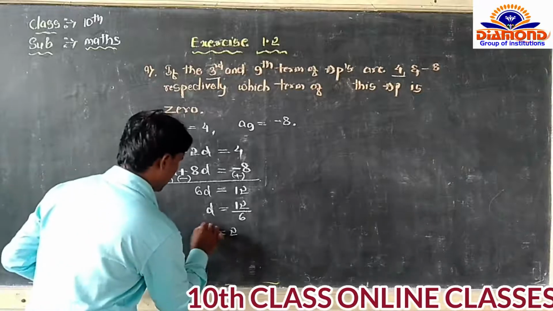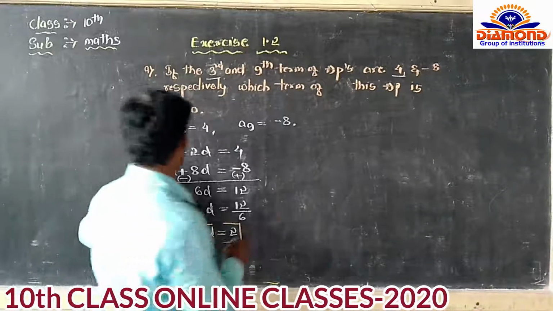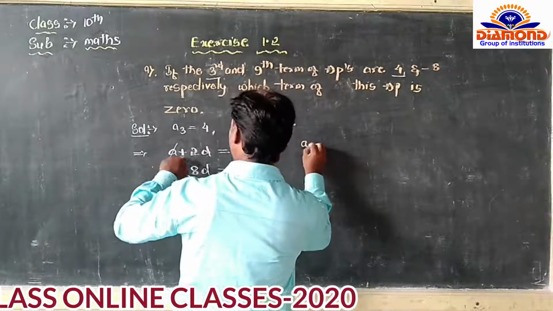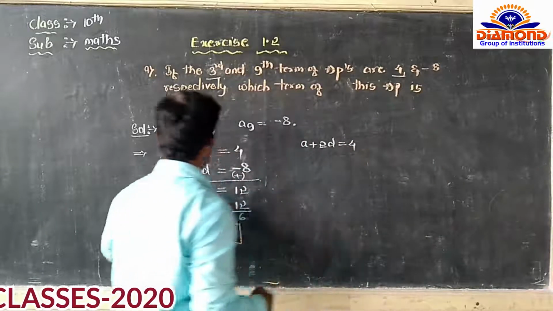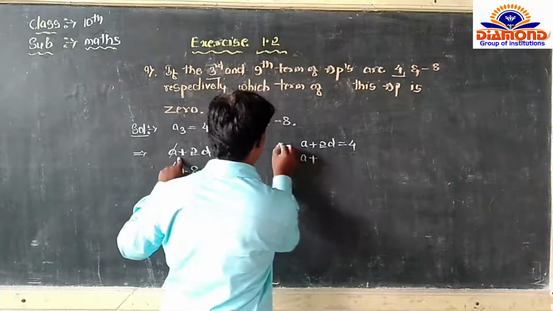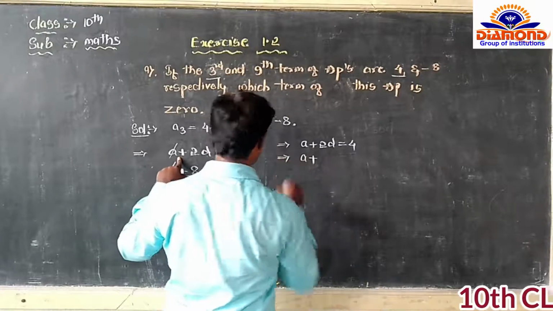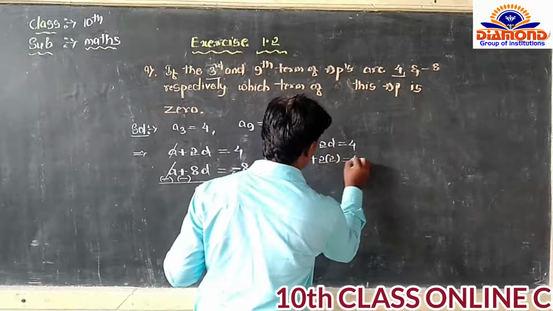So here, afterwards we will find out the first term A. I am taking the first equation, A plus 2D is equal to 4, dear students. Here A plus 2 times the common difference 2 is equal to 4.